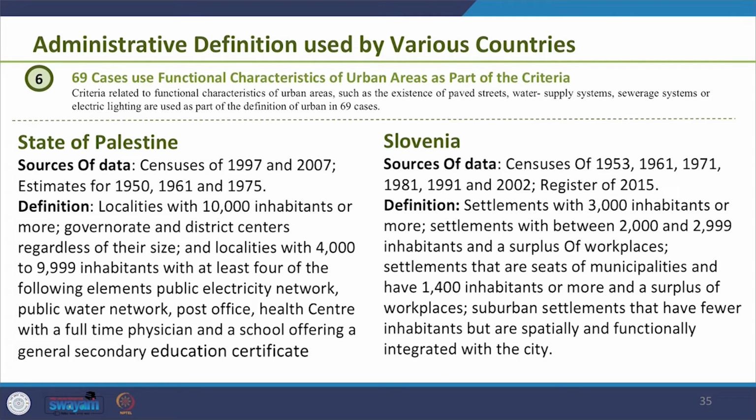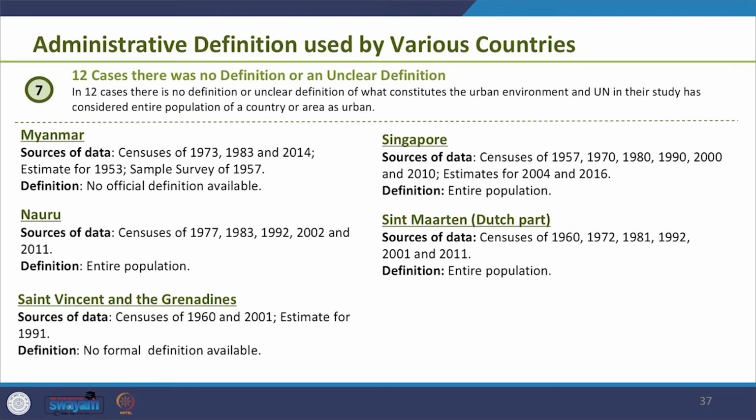Similar is Slovenia, where we see a surplus of workplaces, and suburban settlements that have fewer inhabitants but are spatially and functionally integrated with the city. Coming to the last part of this, we also see that there are 12 cases in countries where there's no definition.